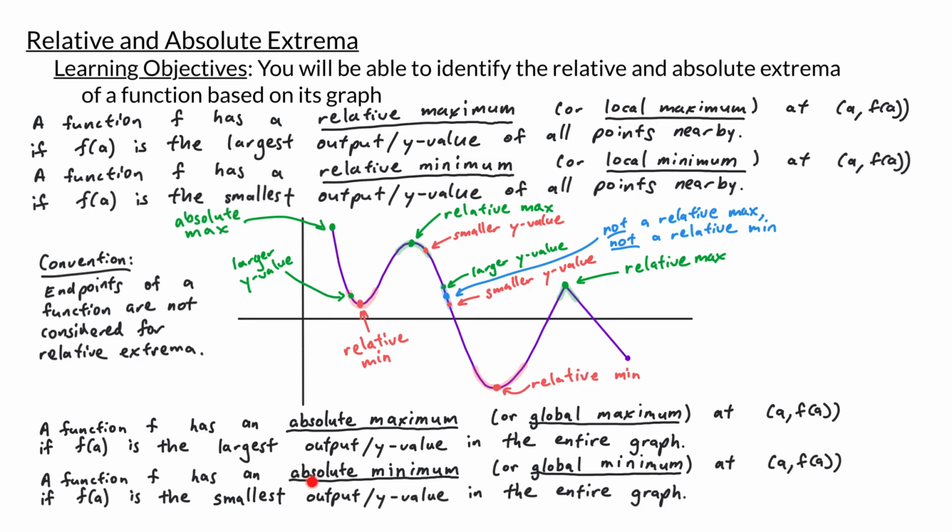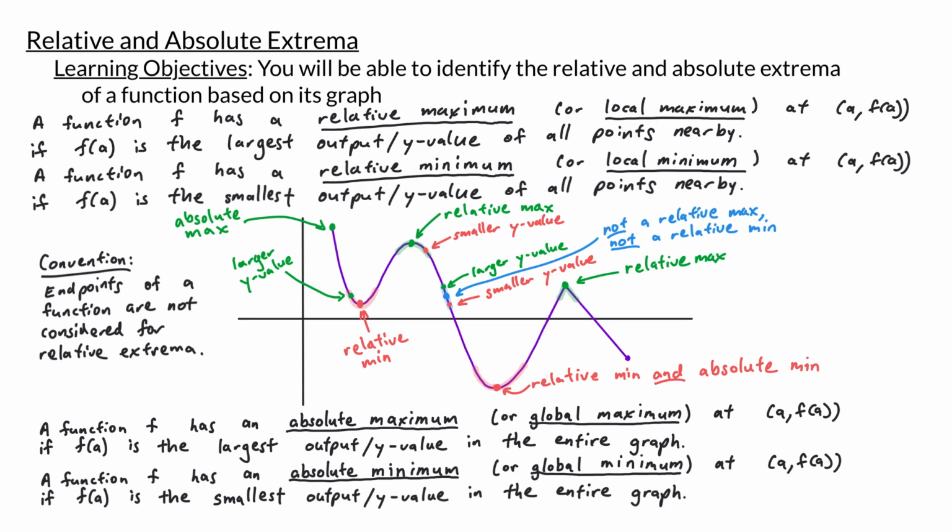To find the absolute minimum of our function, we want to look for the point with the smallest y value. And to find the smallest y value, we want to look for the lowest point on our graph. So in our entire graph, the lowest point is this point right here. So this point is not only a relative minimum, but it's also our absolute minimum.